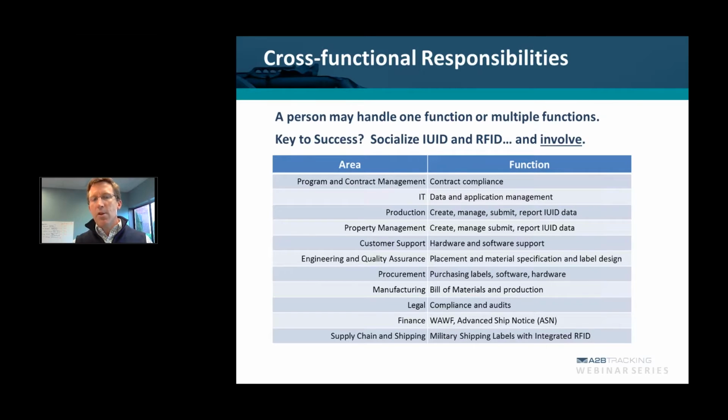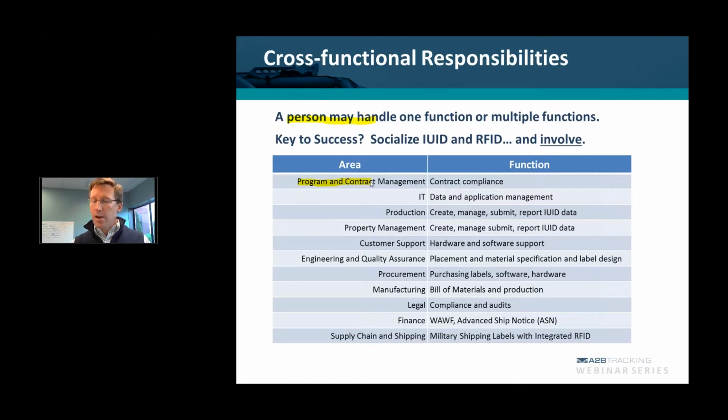So another reason not to stovepipe these responsibilities is to look at the cross-functional responsibilities within your organization. There may be one person that's handling it all inside your organization, or you may have various departments based on the size and complexity of your organization from an org chart.